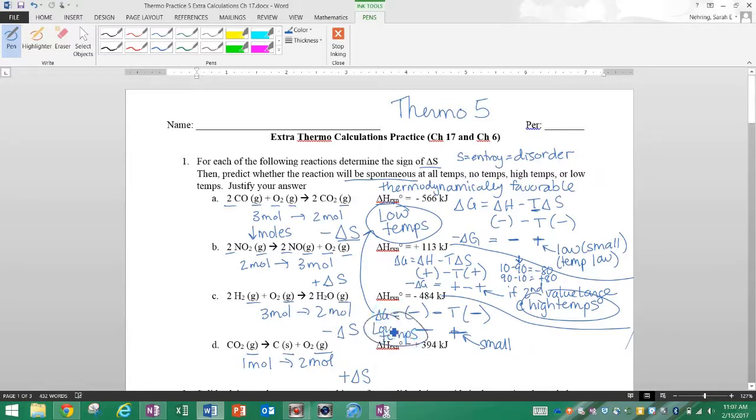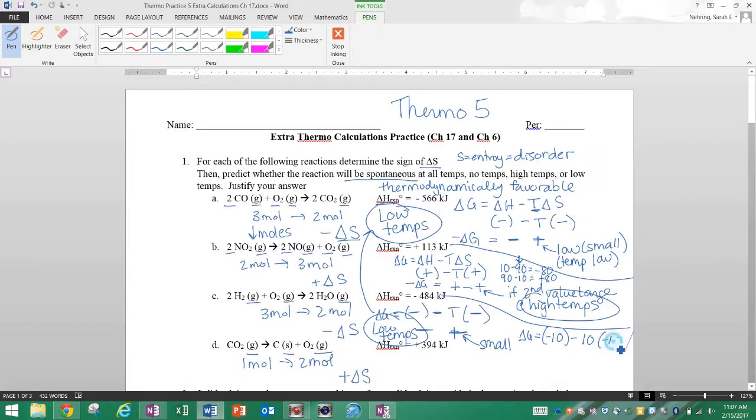Another way you can go about doing this is plugging in some sample numbers, kind of like we did here. So let's test this out. Delta G, let's just plug in some random numbers here. Let's just say negative 10 minus, let's say the temperature is 10 and the S value is 10.